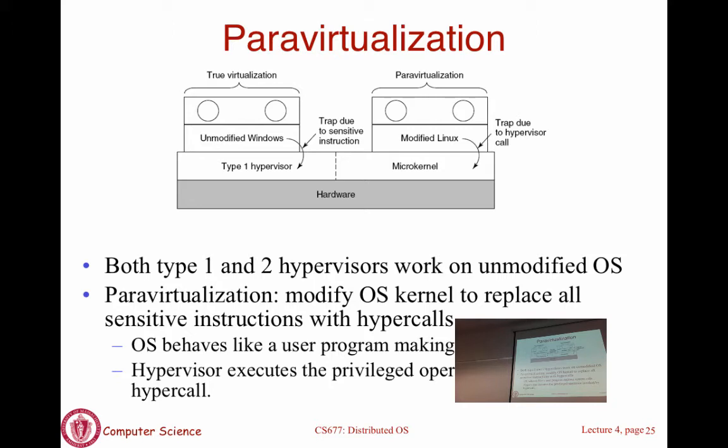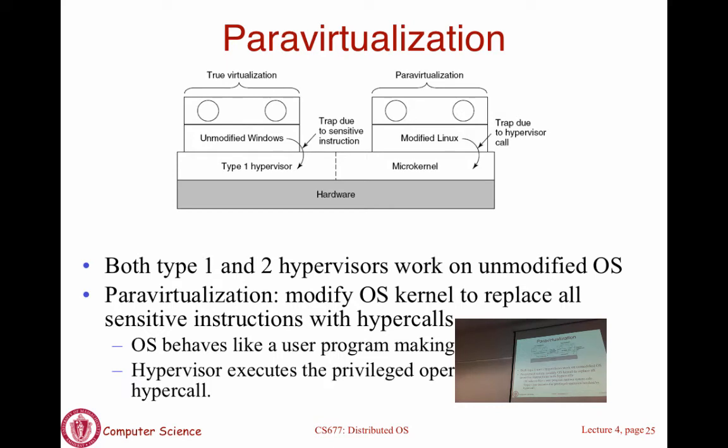And you replace that sensitive instruction with a function call into the type 1 hypervisor. These are called hypercalls. Just as in operating systems you have system calls, for hypervisors you have hypercalls. So every sensitive instruction inside the virtual machine, inside the OS kernel, is going to be replaced by a hypercall.